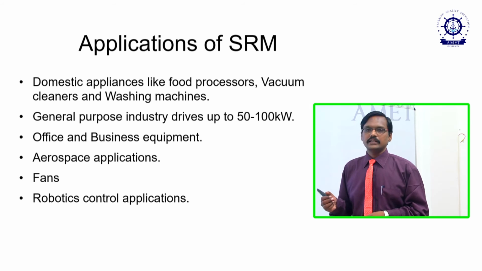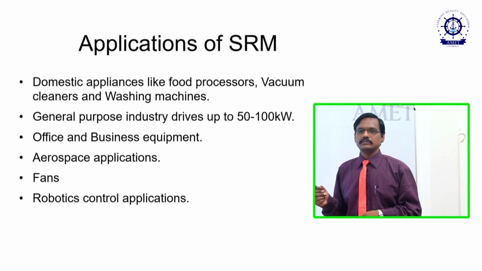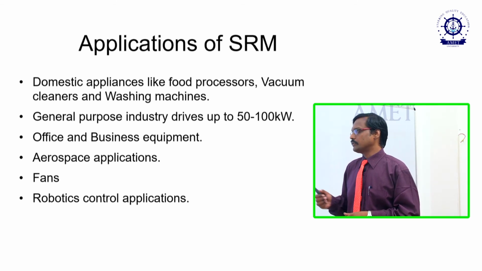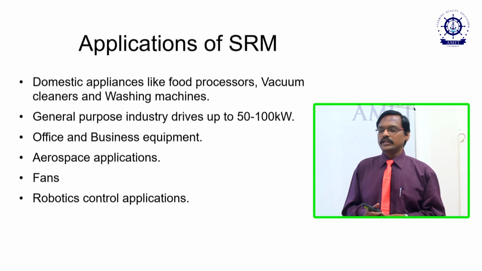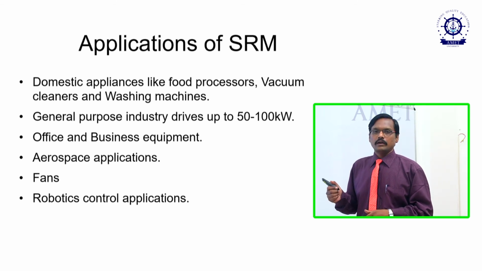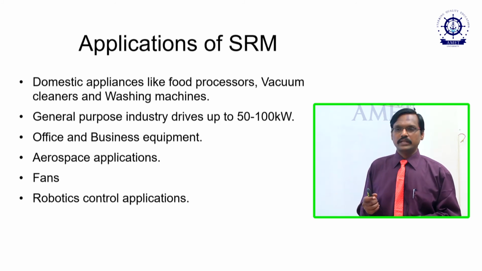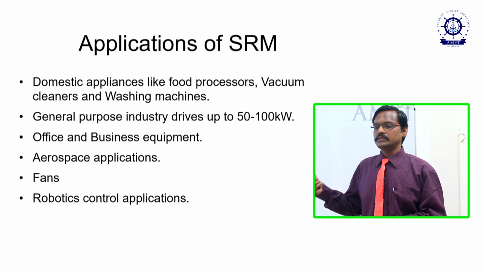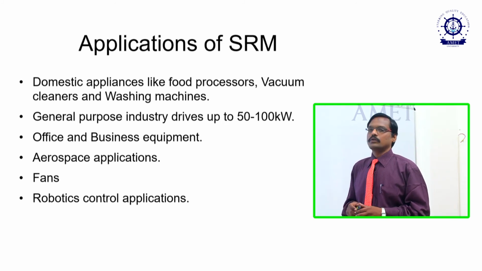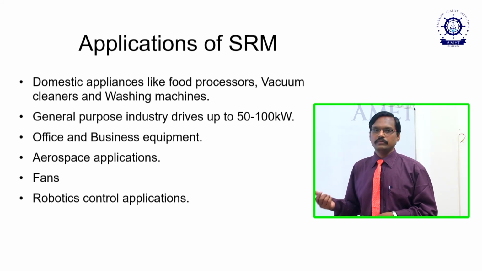Nowadays we have energy efficient fans, and in these energy efficient fans we use this special type of machine. In robotics and control applications, the size of the machine required is very small, so this motor is very suitable for robotics, and the control of this SRM motor is very accurate.